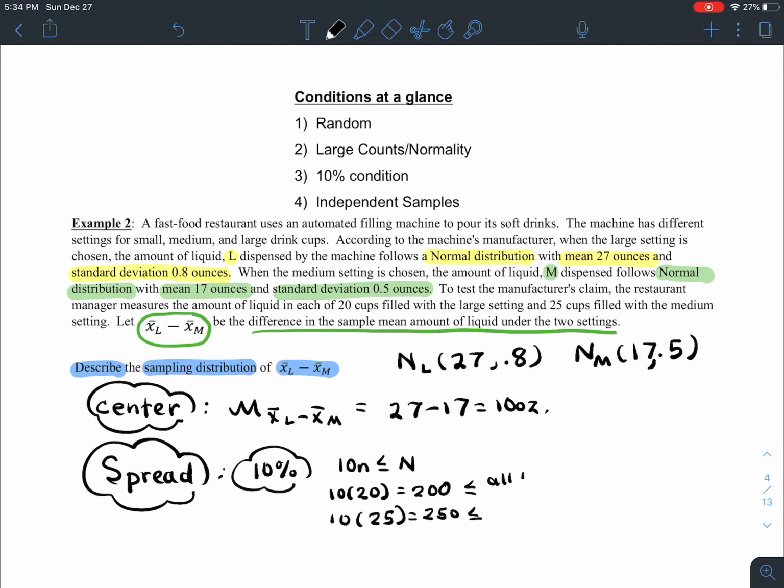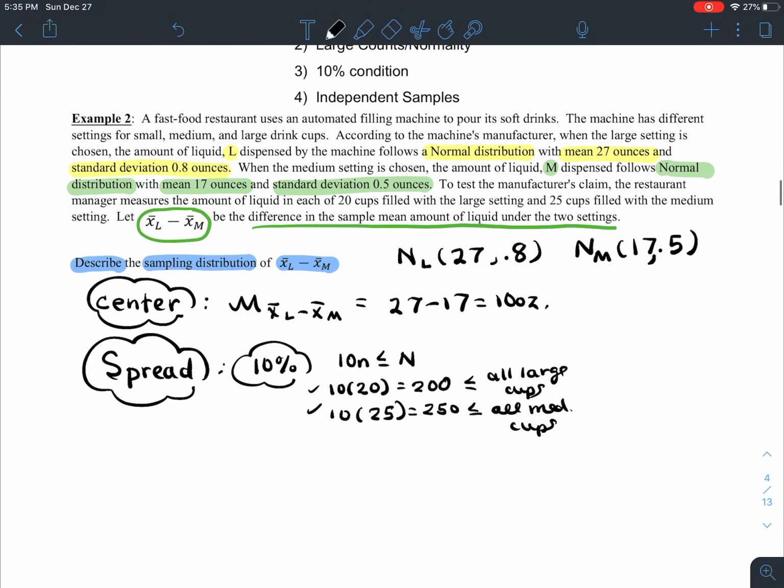We need to make sure that we're just saying these are less than or equal to all the large cups and all the medium cups. Okay, if we can check that off, we can conclude that this is independent, which then allows us to move forward and use our formula here for spread, standard deviation.